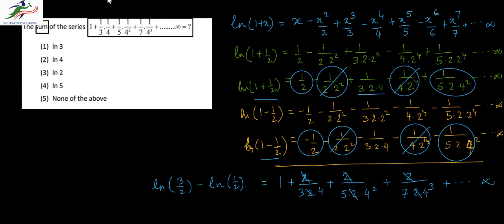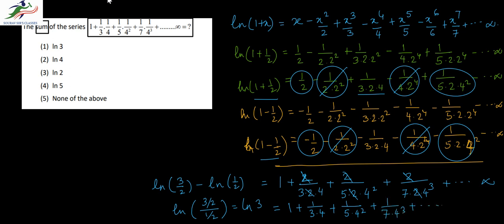So ln of 3 by 2 minus ln of half means ln of 3 by 2 over 1 by 2, which is ln 3, and this is equal to 1 plus 1 by 3 into 4 plus 1 by 5 into 4 square plus 1 by 7 into 4 cube plus all the way up to infinity.